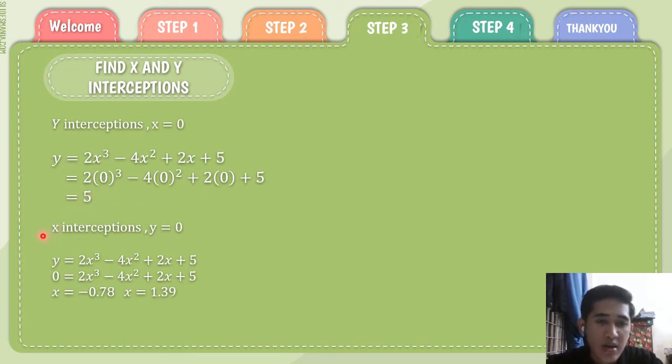Then for the x-intersection, they gave y equals 0. We use the same equation again, and this time we change y with 0. So 0 equals 2x cubed minus 4x squared plus 2x plus 5. For this we use the calculator in EQN mode.